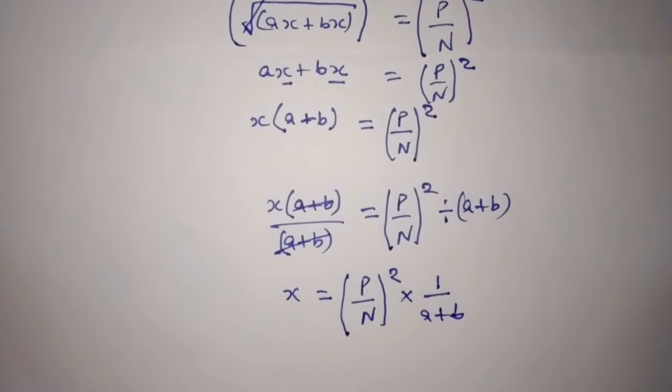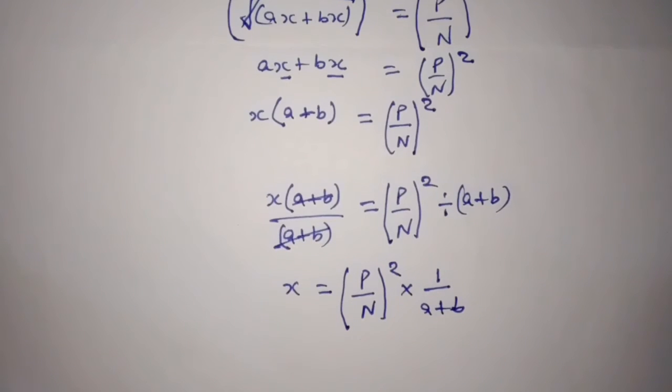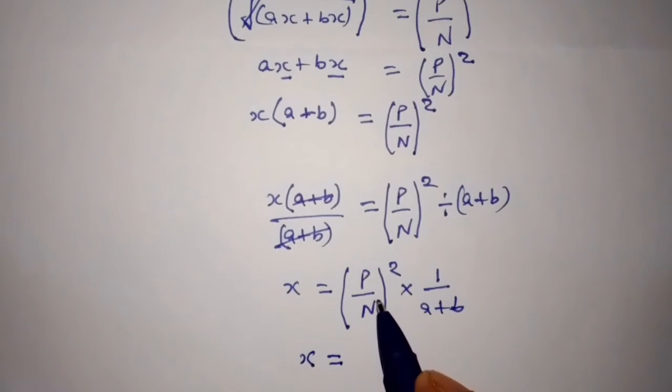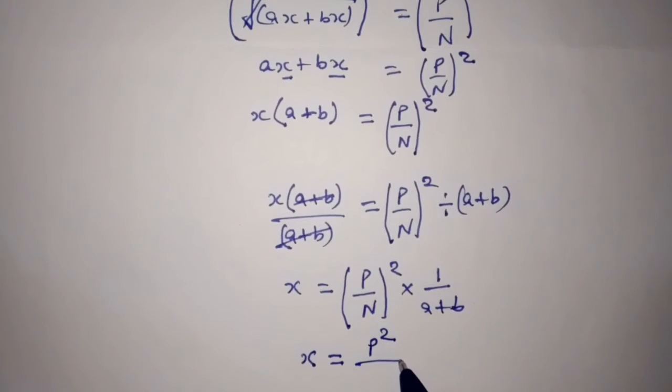Now we can say that x is equal to, we can open this bracket here. We can say that x is equal to p power 2 over n power 2.